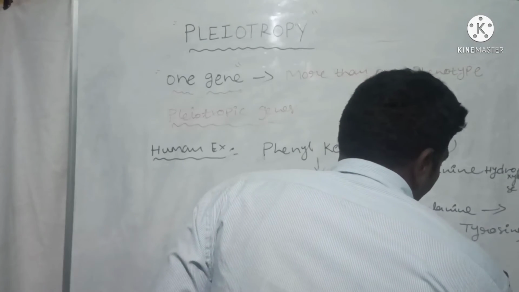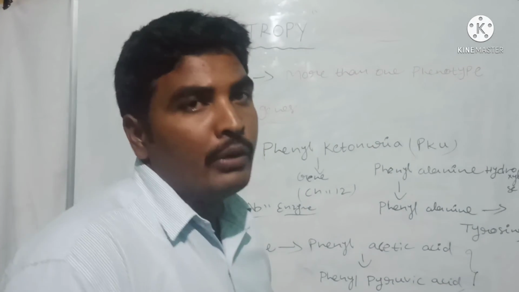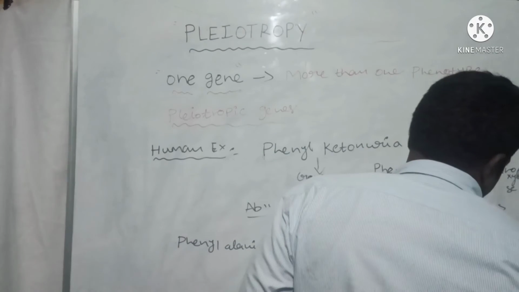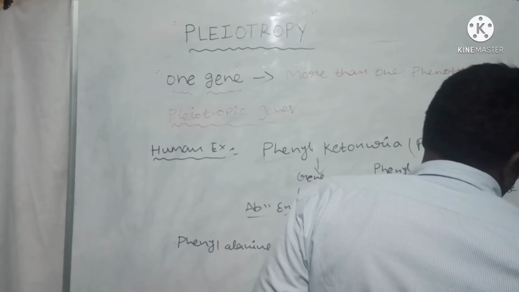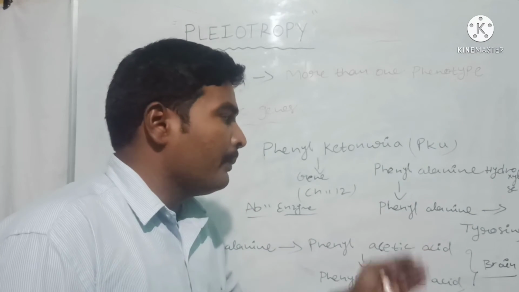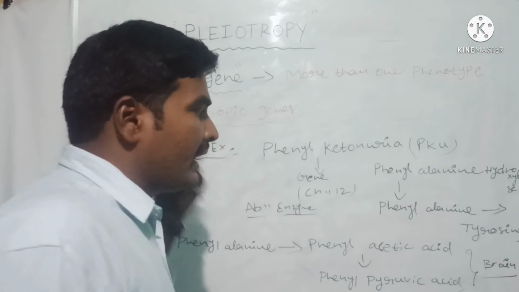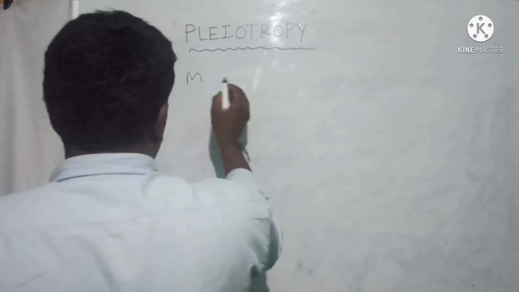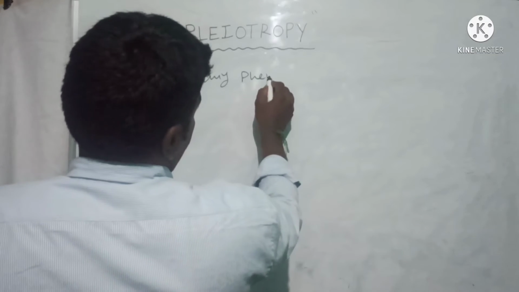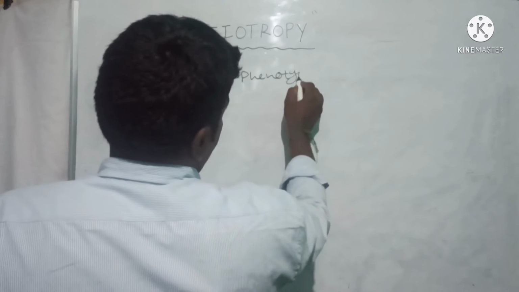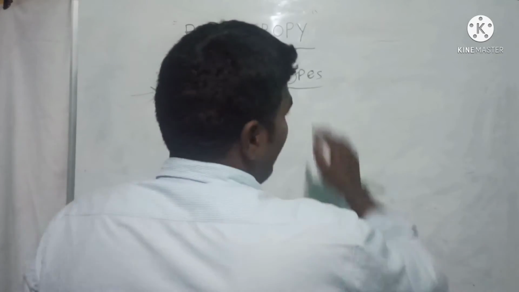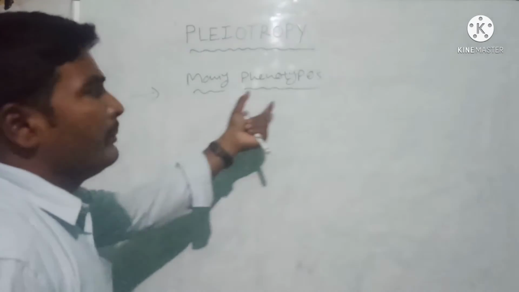These two organic compounds accumulate in the brain. Due to accumulation in the brain, we are expecting many phenotypes.